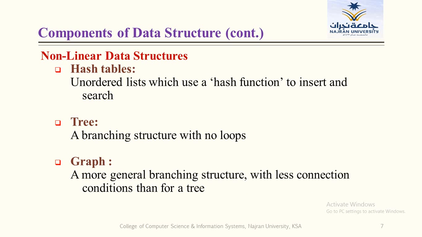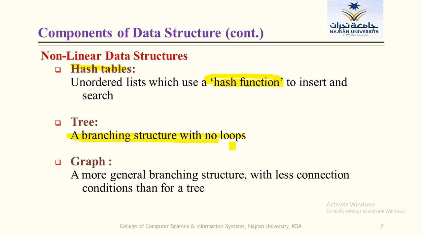In the same way, we have some non-linear data structures, and the first one is the hash table. This is an unordered list which uses a hash function. We will see in coming lectures what a hash function is and how to insert and search data. Tree: a branching structure with no loops.